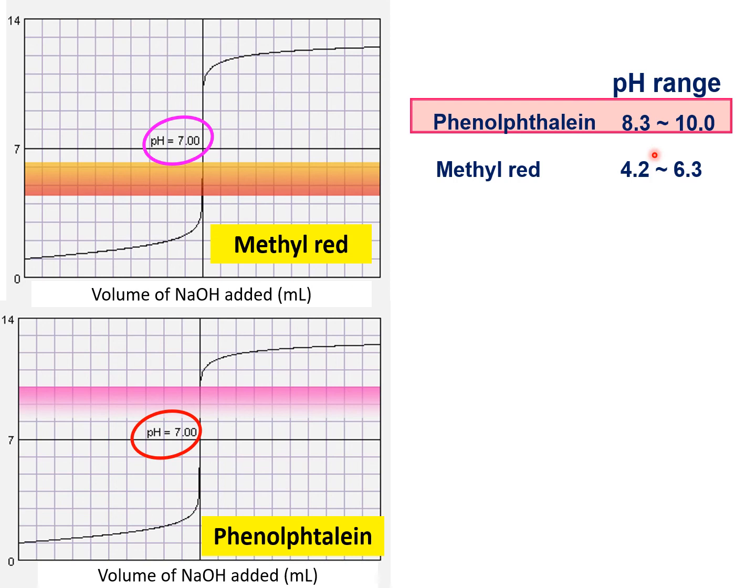Phenolphthalein will change colour from pH range 8.3 to 10. Around here, the indicator will change colour. While for methyl red, the pH range is between 4.2 and 6.3.